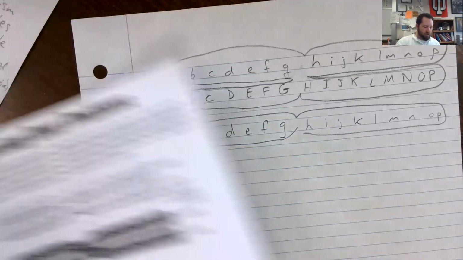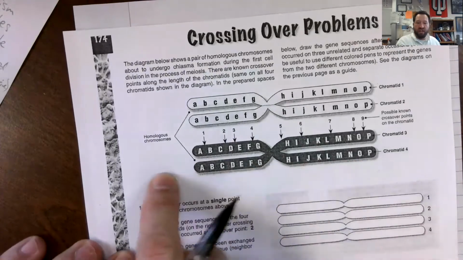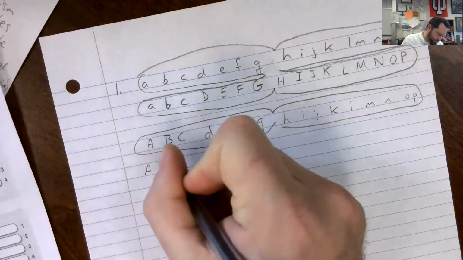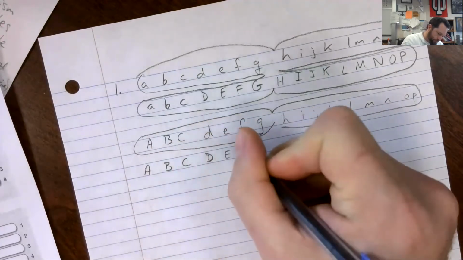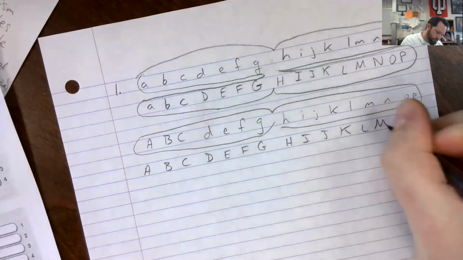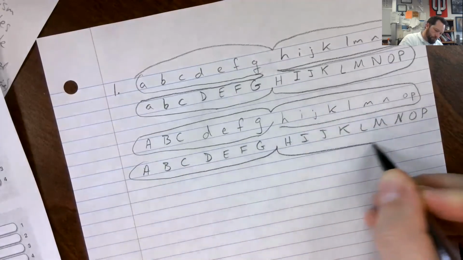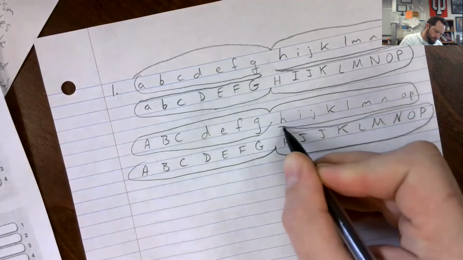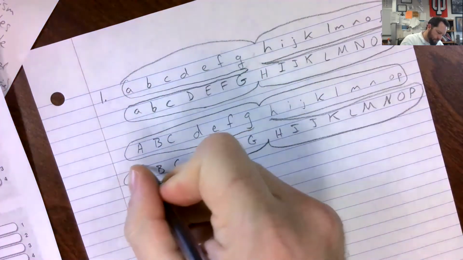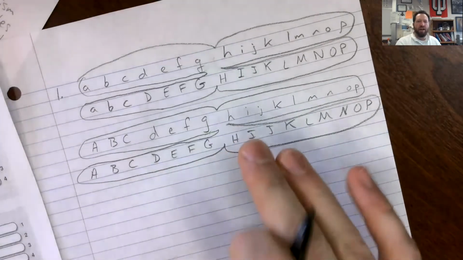My bottom chromosome then, just like the top one, is not involved in crossing over, so it's just going to stay as all capital letters. And again, we'll combine them there in the middle, so we've got our X-shaped chromosome.